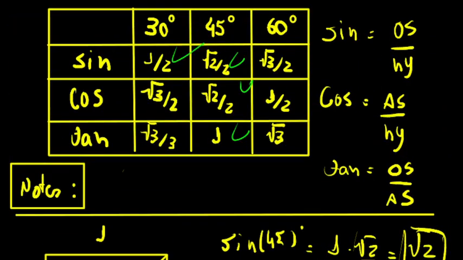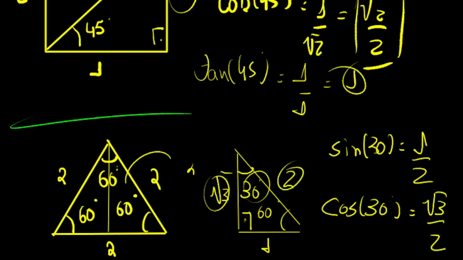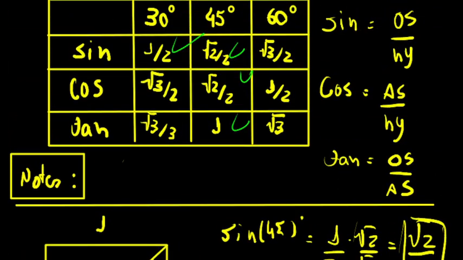It's actually true. So let's do the cosine here. Cosine of 30 is equal to the adjacent side divided by the hypotenuse, or the square root of 3 divided by 2, the hypotenuse. Let's verify if this is correct. Yeah, this is correct again.